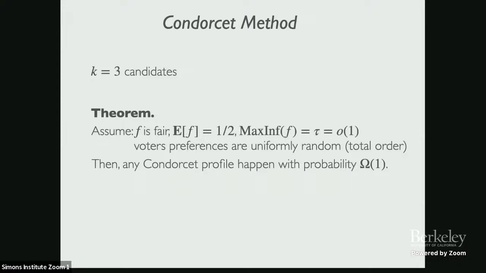Then let's make a little bit more assumptions, otherwise we can't really say anything. The additional assumption is that the voters' preferences are uniformly random over all the total orderings of these candidates. Then we can prove that any Condorcet profile will happen with constant probability. So any irrational outcome can happen with constant probability.